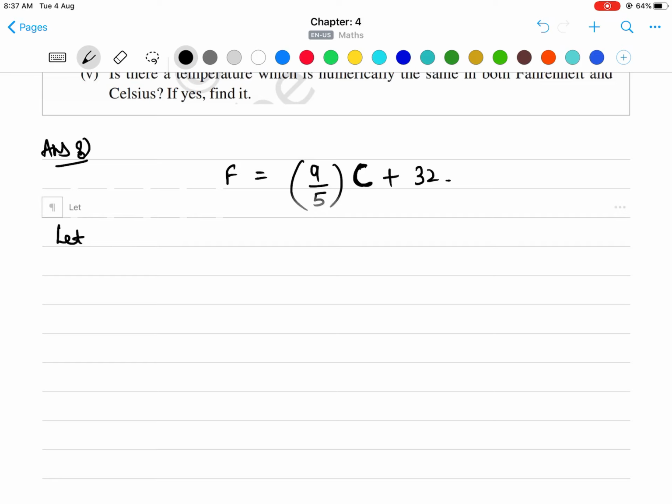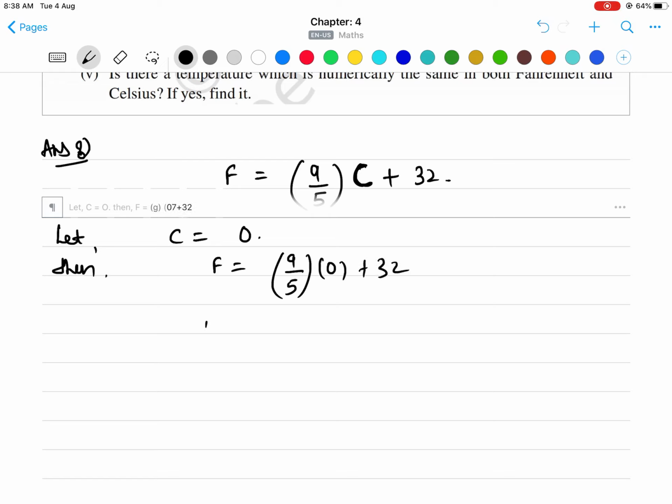Let the Celsius temperature equal 0. Then the Fahrenheit temperature will be F equals 9/5. In place of Celsius we'll write 0, plus 32. Because it is multiplied by 0, this whole term will become 0.